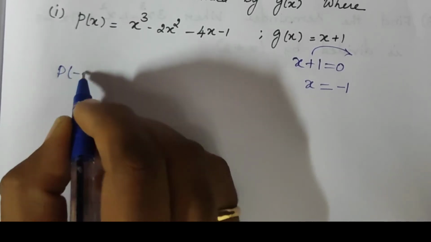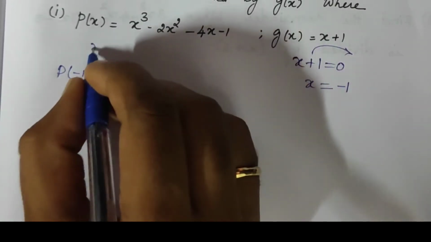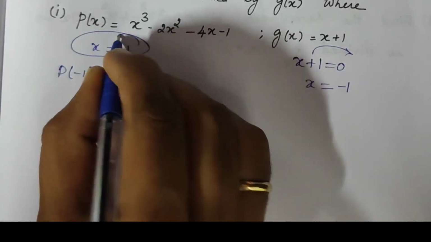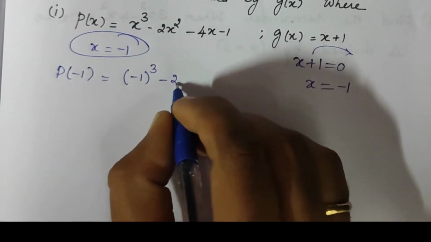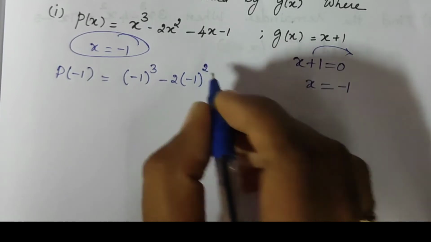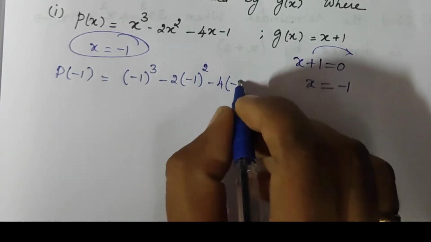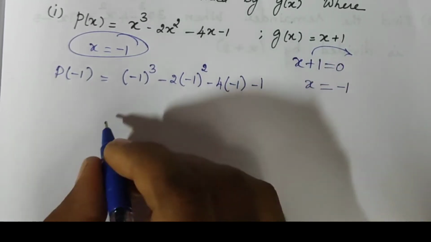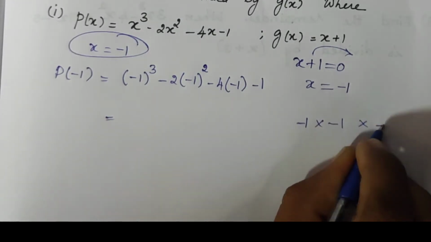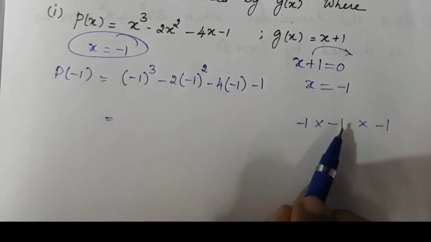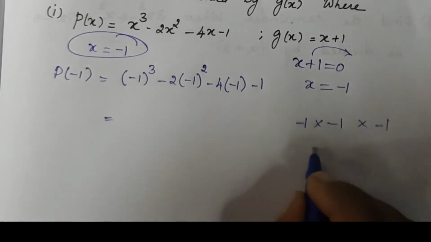So p of minus 1 is equal to minus 1 cube minus 2 into minus 1 square minus 4 into minus 1 minus 1. So minus 1 into minus 1 into minus 1: 1 into 1 is 1, 1 into 1 is 1, so 1.